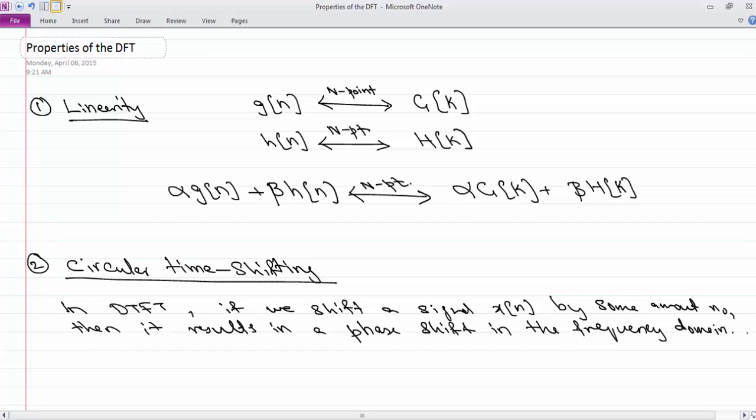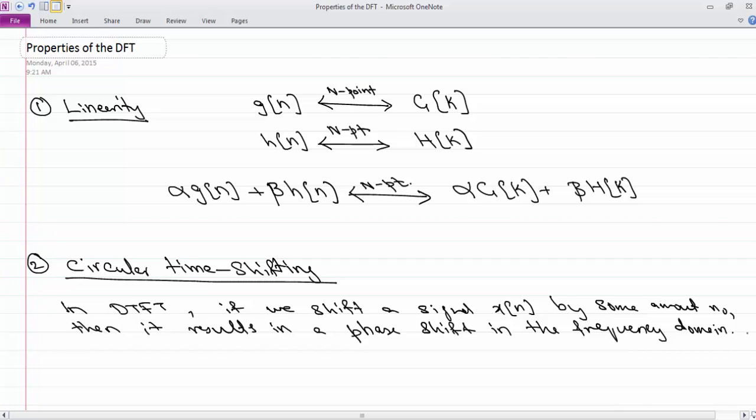Now, the question is, what causes a phase shift? What operation causes a phase shift in the DTFT domain? And the operation cannot be time shift.